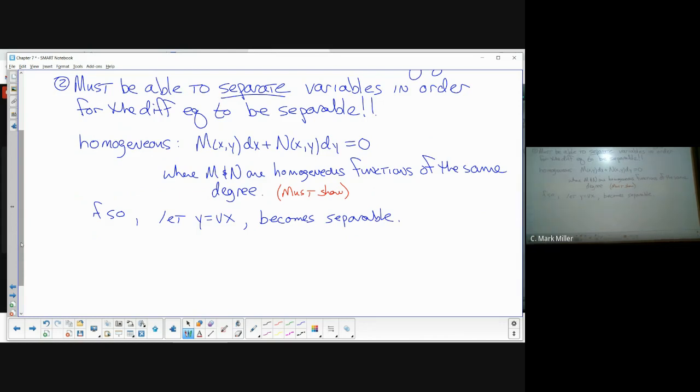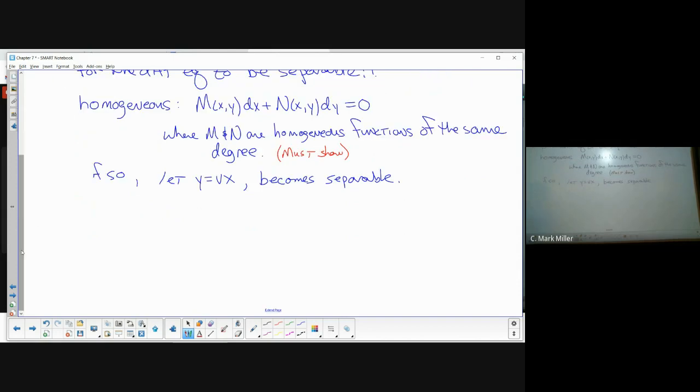Right? So for example, integral, let's see here.